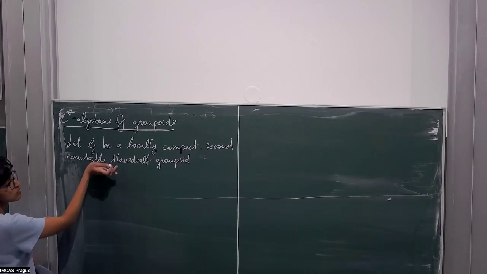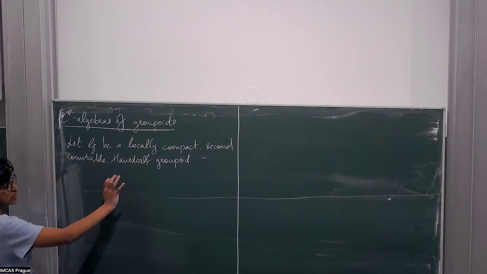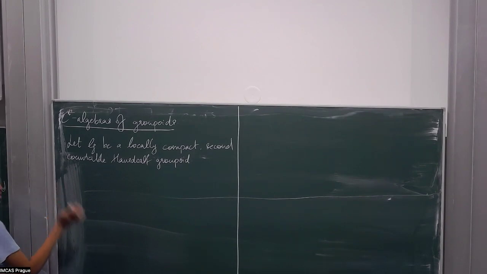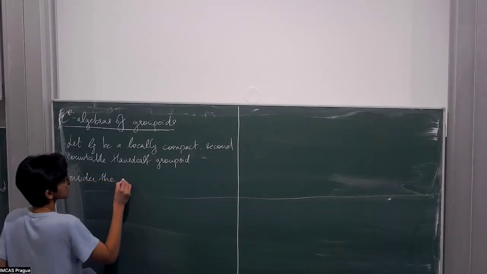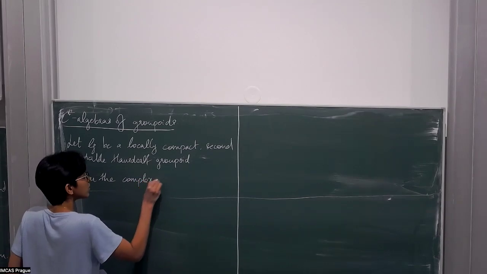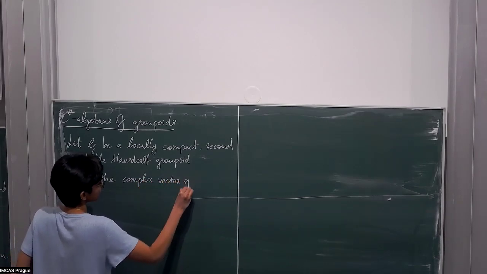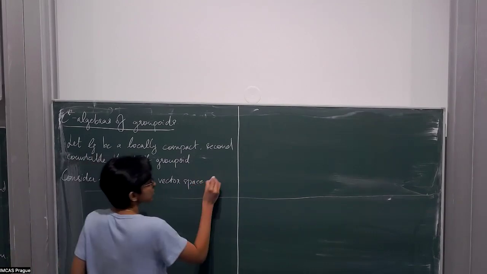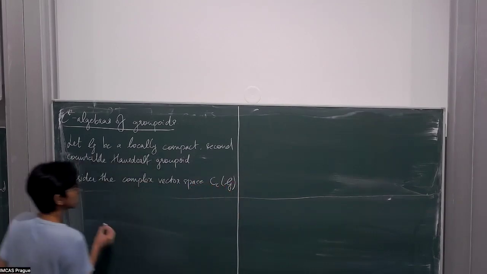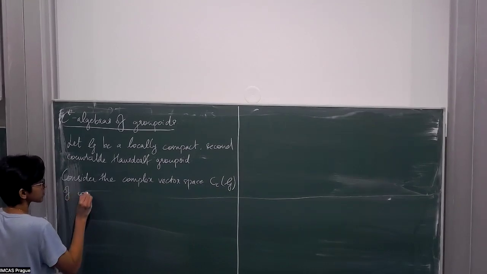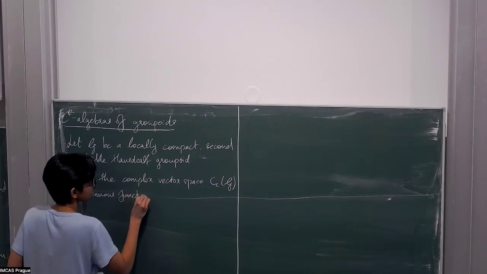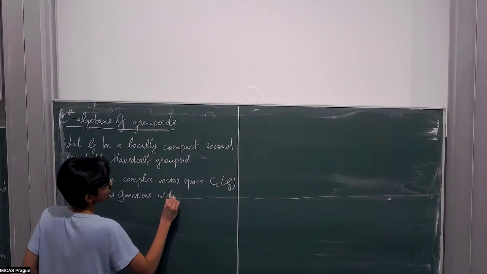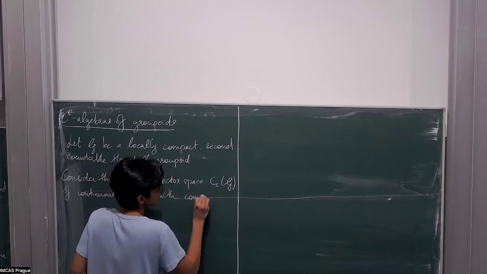This is a special case, and if we have time, we will talk a little bit about the non-Hausdorff case, but for now it is Hausdorff. Now we can consider the complex vector space Cc(G) of continuous functions with compact support.